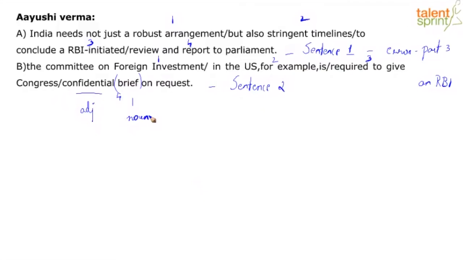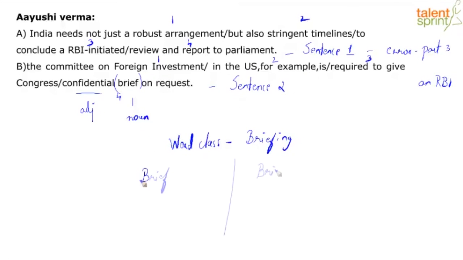That's what the context is giving. They want them to get into some sort of a meeting at which some detailed information or instructions are given or discussed for whatever purposes, right? So here the error is a word class error actually. I was hoping one of you would get it. Briefing, confidential briefing on request.